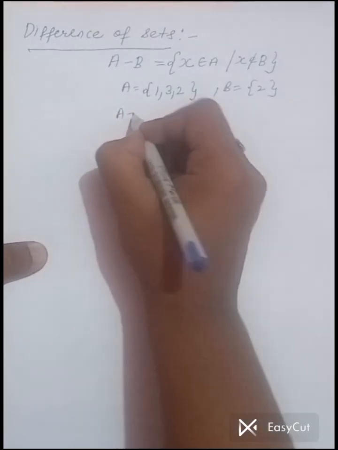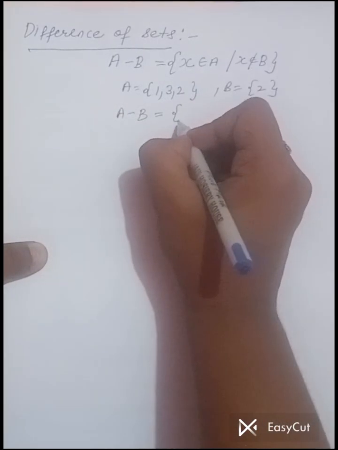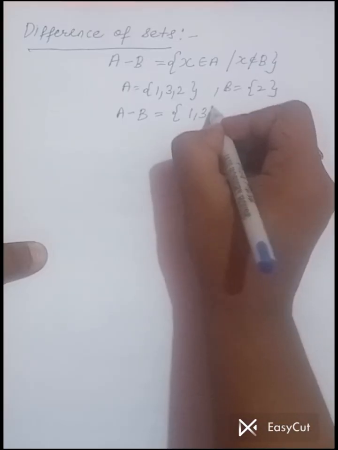So we eliminate all of the elements of B. So what is A minus B? It is {1, 3}.